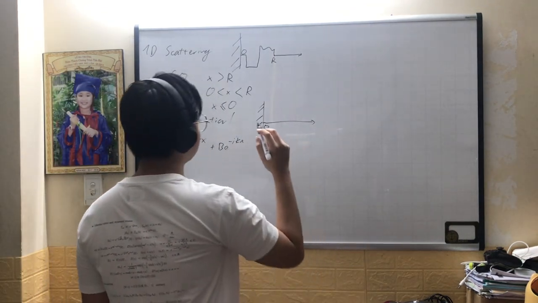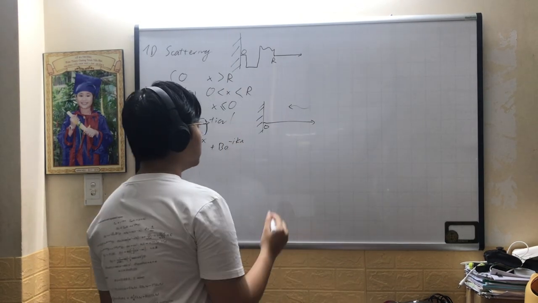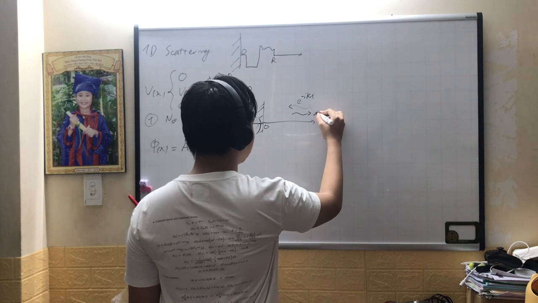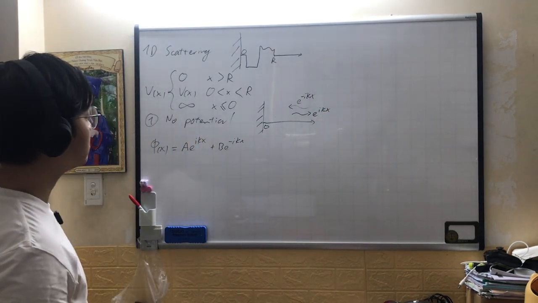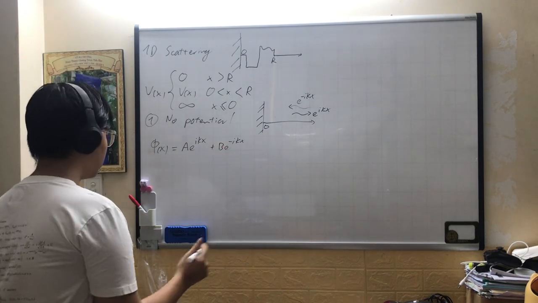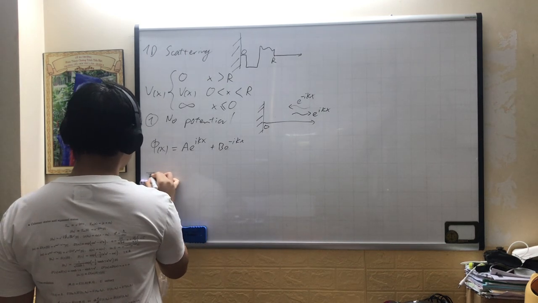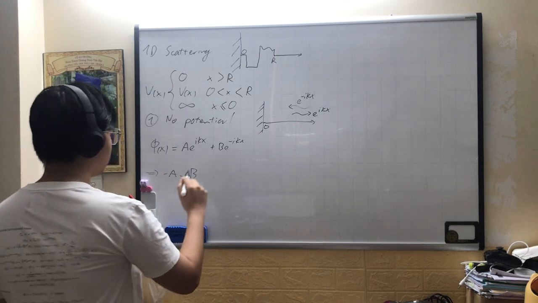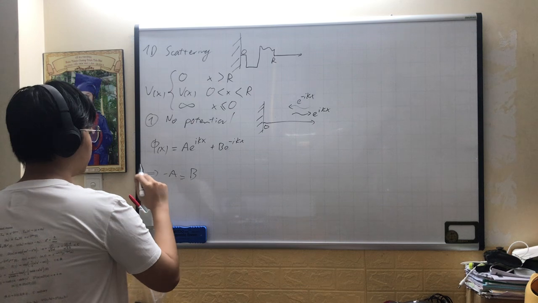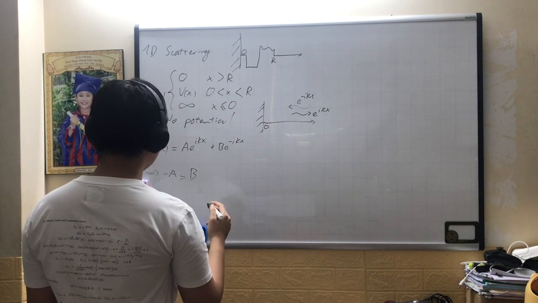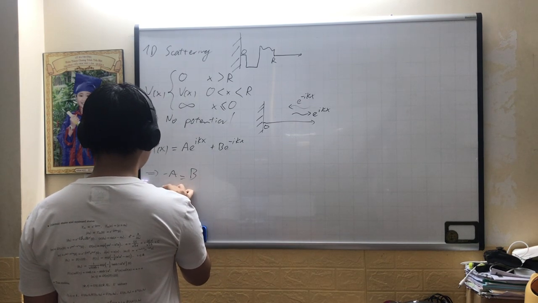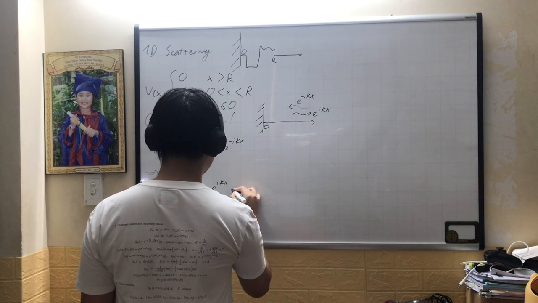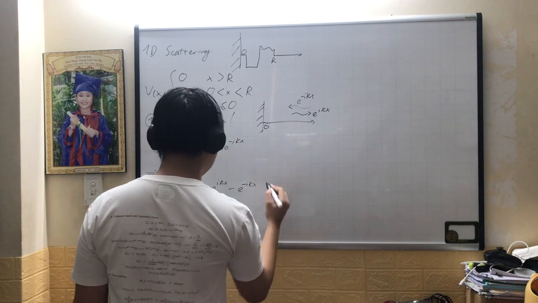So when you send your wave function in, that would be e^{-ikx}, and what you get back is e^{ikx}. With zero potential here, what you would get from your conditions is that minus A is equal to B. So phi of x would be proportional to e^{ikx} minus e^{-ikx}.